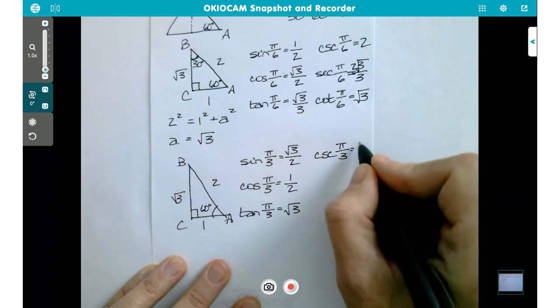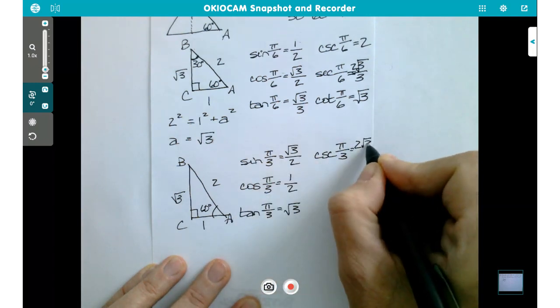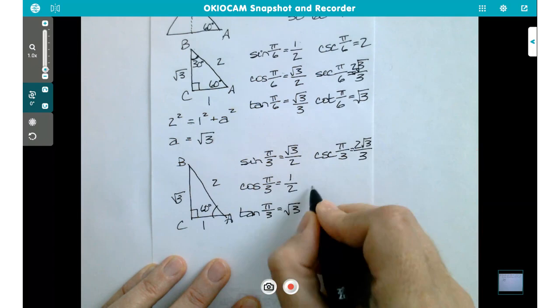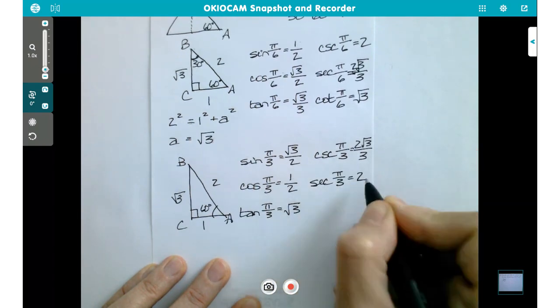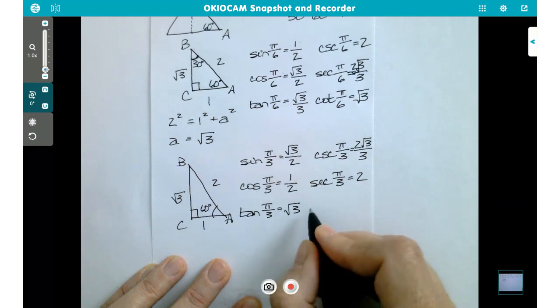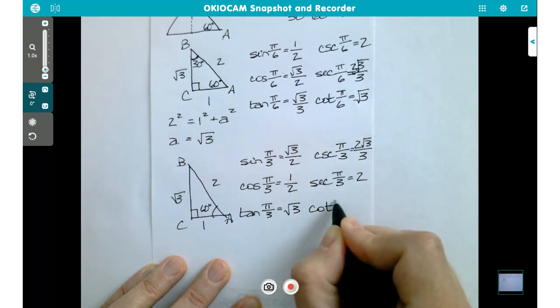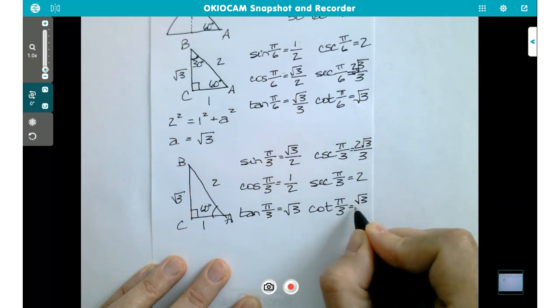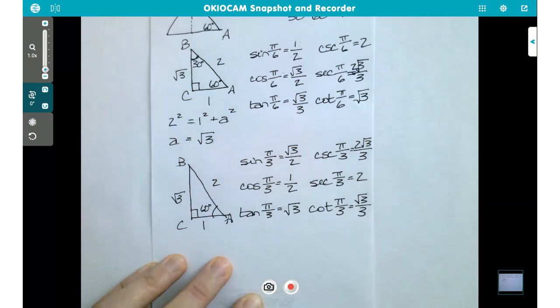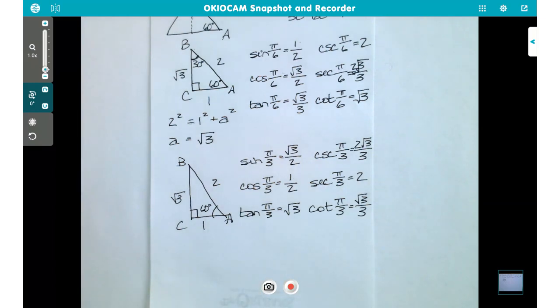So again, we'll rationalize. This is 2 root 3 over 3, the secant, 2 over 1, which we'll just call 2, and the cotangent. Again, we'll rationalize this one to get root 3 over 3. And there are 6 trig values for 60 degrees or pi over 3.